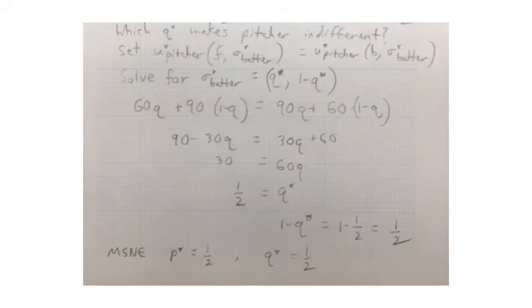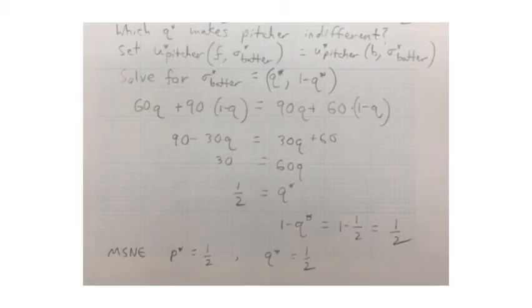Which Q star makes the pitcher indifferent between the pitcher's pure strategy choices? We want to set the pitcher's payoffs along the Q mix column for choosing fastball and breaking ball, given the mixed strategy distribution of the batter, Q and 1 minus Q, equal, and solve for Q star.